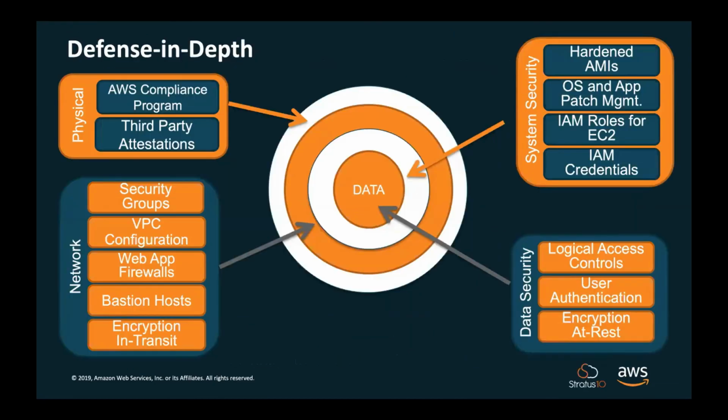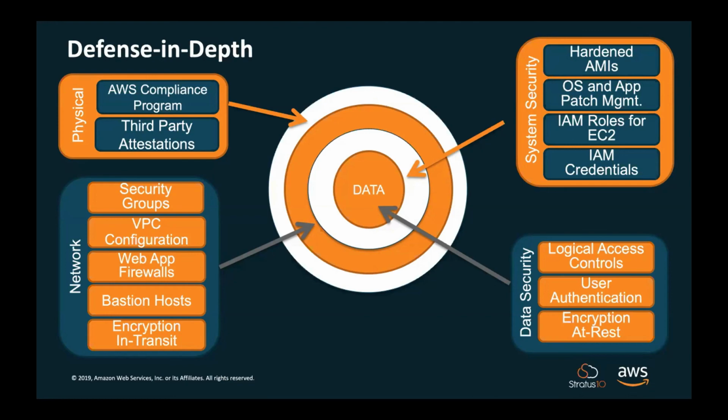The other one is understanding all the different tools working in conjunction. You're going to use your security groups, a web application firewall, and encryption and trust, and you're going to set up least privilege access in your IAM. You're going to provide operating system and application management to do package management.